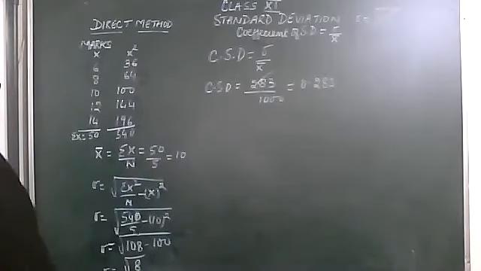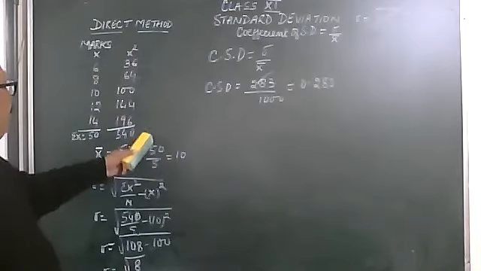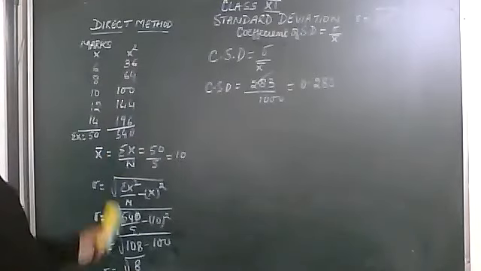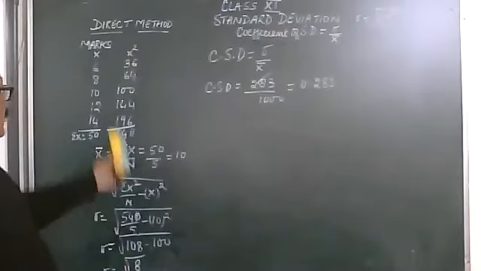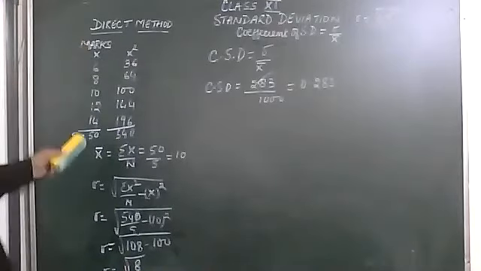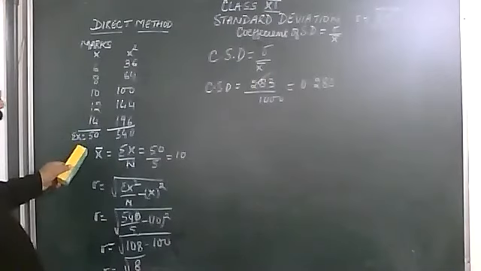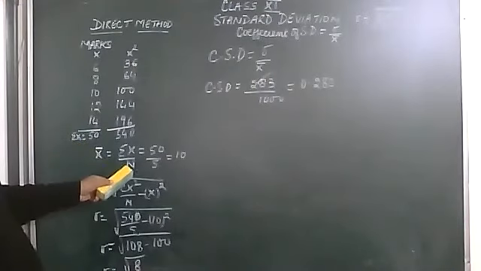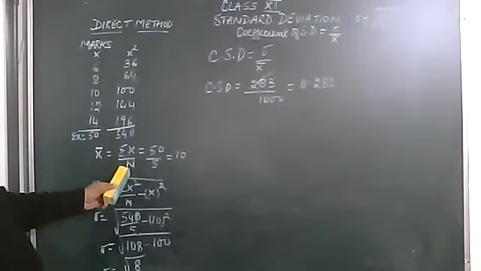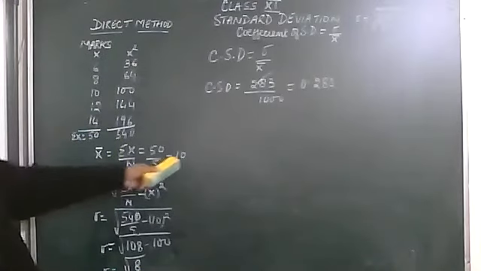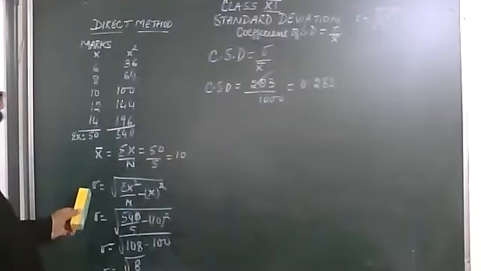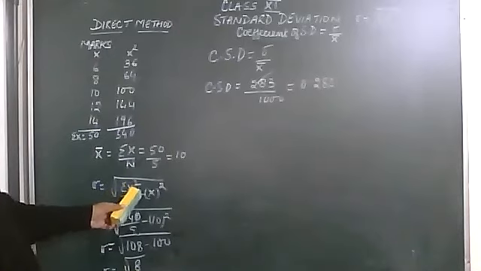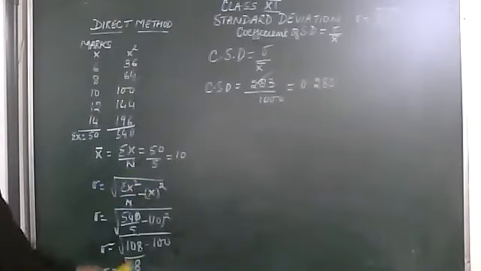Look again, in a direct method, the values which are given to you, directly square them up. First find the mean. Mean is equal to sigma x upon n. So we need to sum up all the values of x. That is 50 upon n, that is 5 values, mean is 10. The formula for standard deviation in the direct method is sigma x squared upon n minus mean squared.